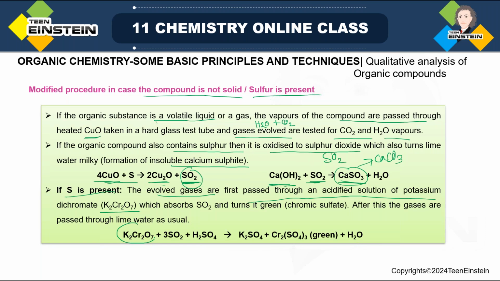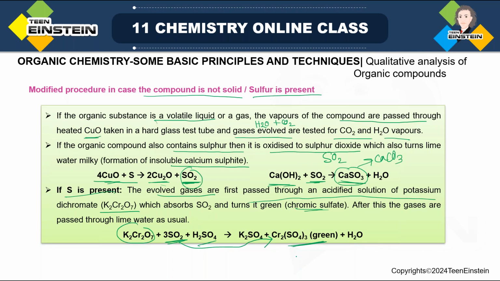Now, this compound has the property of absorbing SO2 under acidic condition, so when it absorbs SO2, it converts it to Cr2(SO4)3, which has green color. Because of this reaction, SO2 is no longer present. It is already converted to chromic sulfate. It will turn green, chromic sulfate.